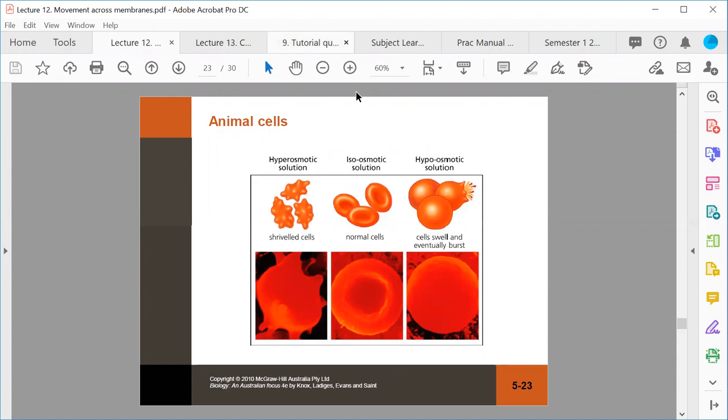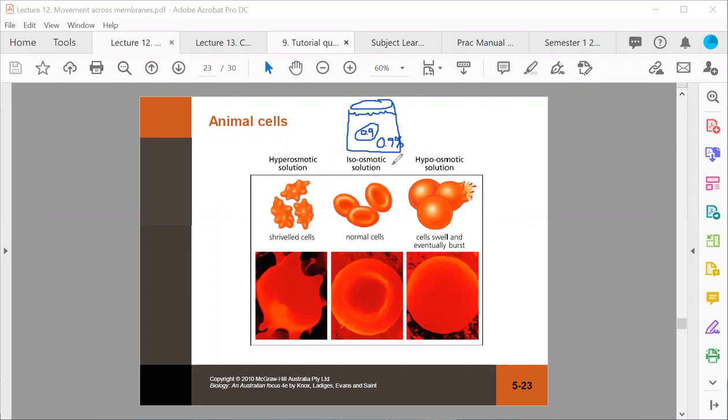Okay, so let me just get this pen. All right, so once again, if we want to use an isoosmotic solution, then we would use about 0.9% sodium chloride.